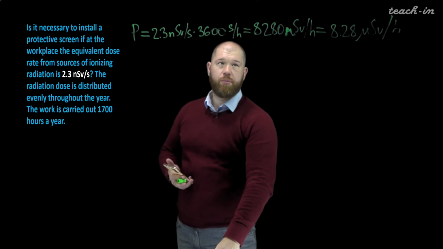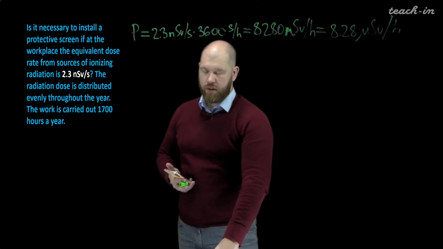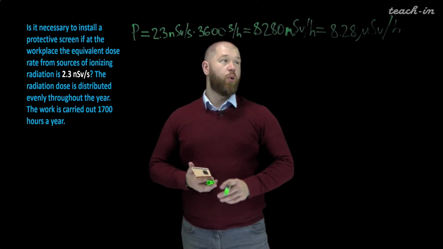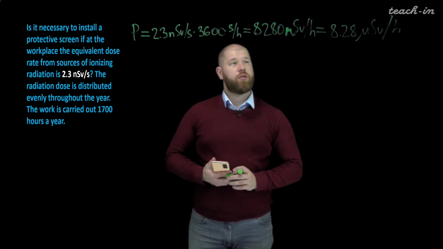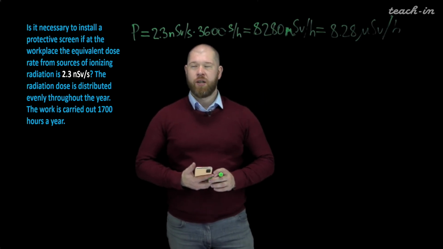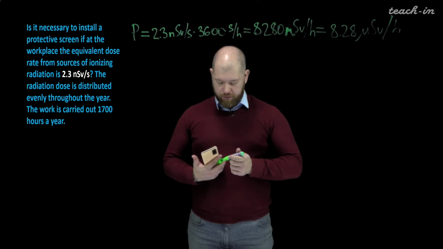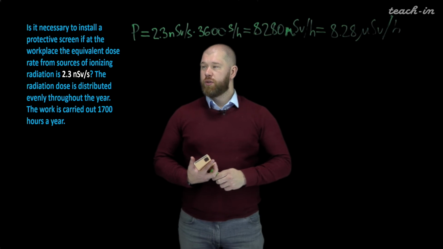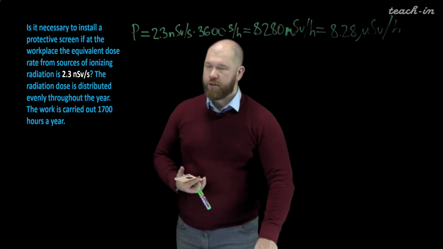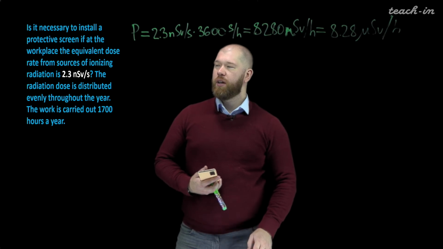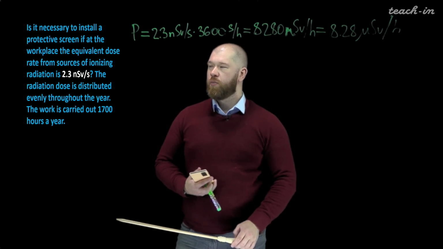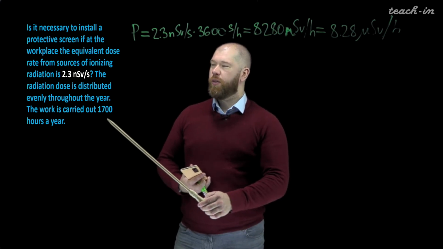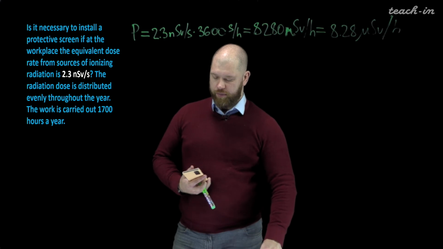In Moscow, for example, the average dose rate that is created by the background radiation is around 0.1 microsievert per hour, so it is something like 80 times higher than the background radiation. But let's see if it is still safe or not. For the personnel that are working with the ionizing radiation sources, the year consists of 1,700 hours.